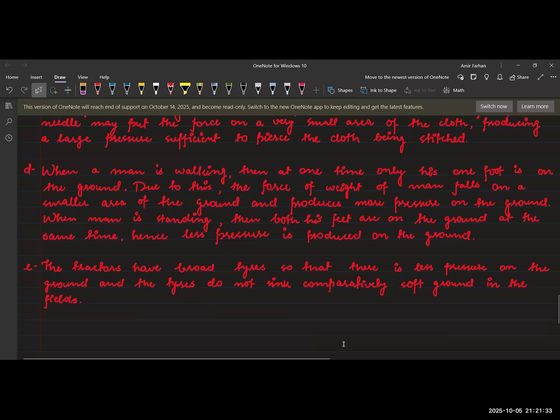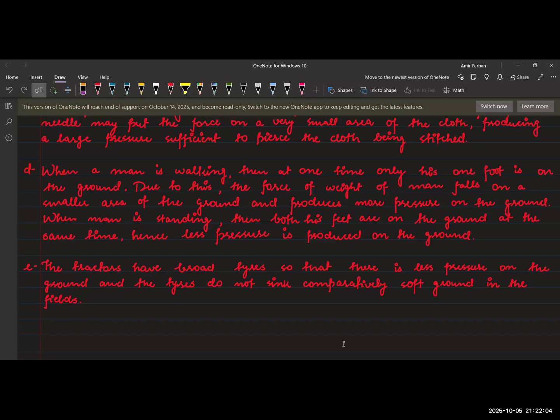Yes, sir. The next thing that we have is tractors. You must have seen that tractors have very big, very broad tires. The reason is tractors have to work in loose soil, ultimately in the fields. Now if we have a very small tire with very little area, it will sink into the soil because of the weight of the tractor, because the tractor is very heavy.